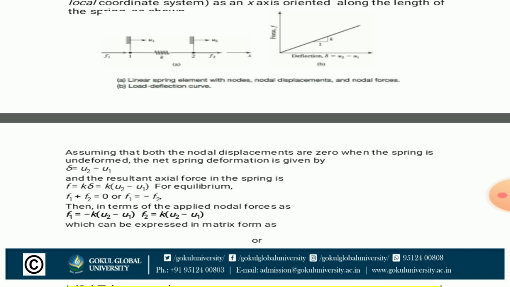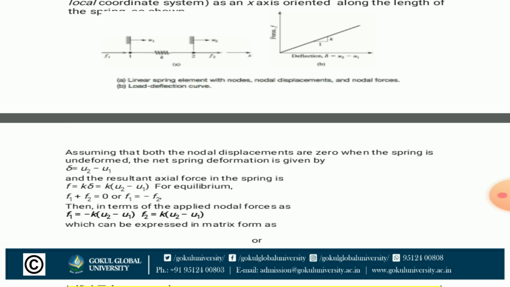Suppose the deformation in a spring is U2 minus U1. If we multiply it with the axial force in the spring, K, the force will be the stiffness times the deflection, K(U2 minus U1).